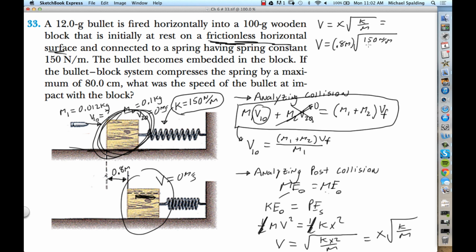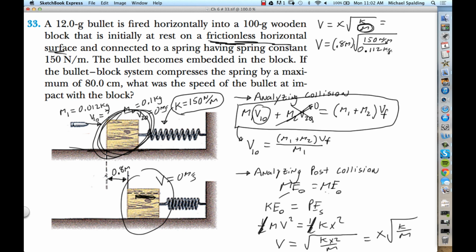Now you've got to be careful here, guys. What's this m? It's the total mass, because the bullet and the block became one. So you've got to add the masses together, and you want it in kilograms. So that's going to be 0.112.